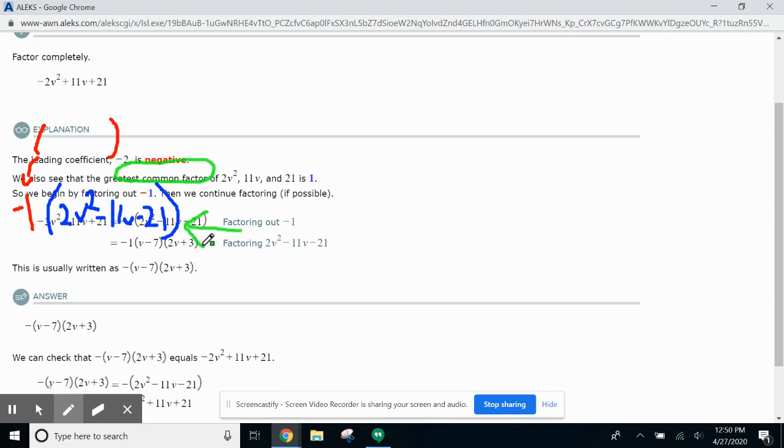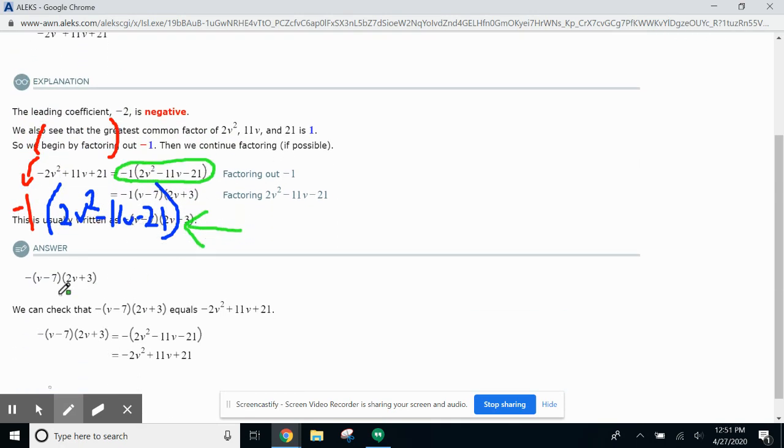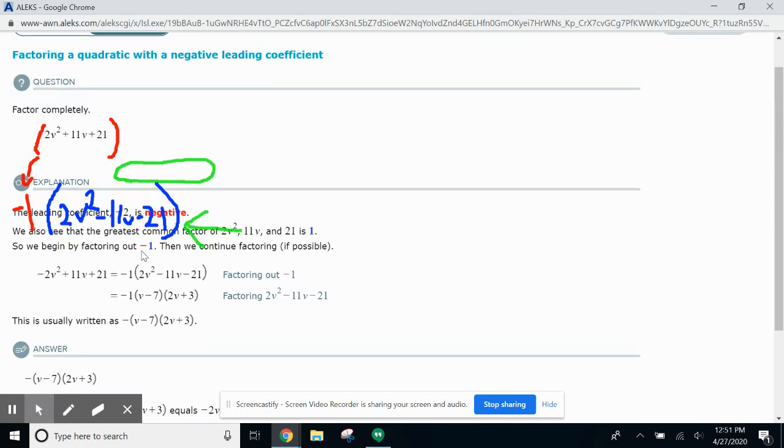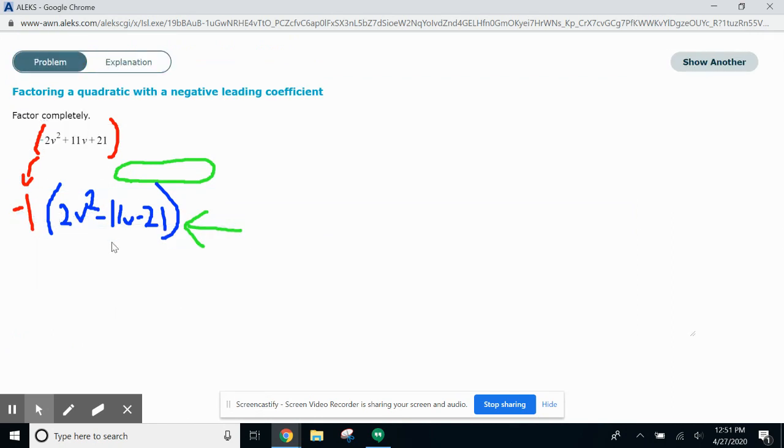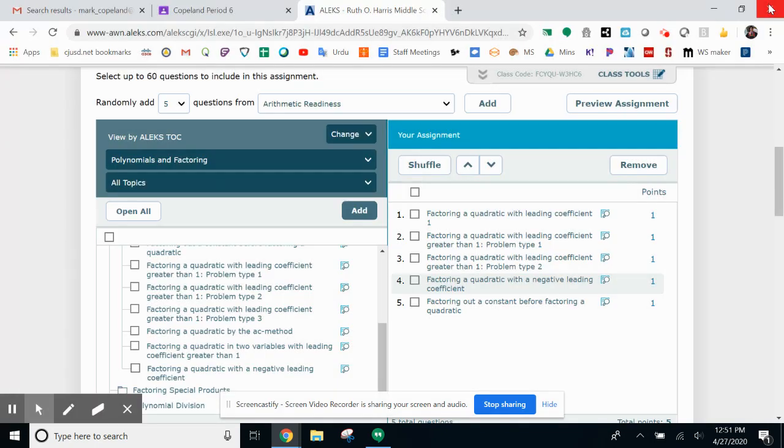All right, same thing there. And it gave us an answer after we factor this one out into the 2 terms. That negative sign is still out front. So on these ones, you still have to factor it all the way. I'm not done with my problem, but I stopped early because I don't want to make you watch me do it all over again. All you have to do, if you see a negative in front, take the negative out first, change the signs on the inside, and then solve the problem from there.